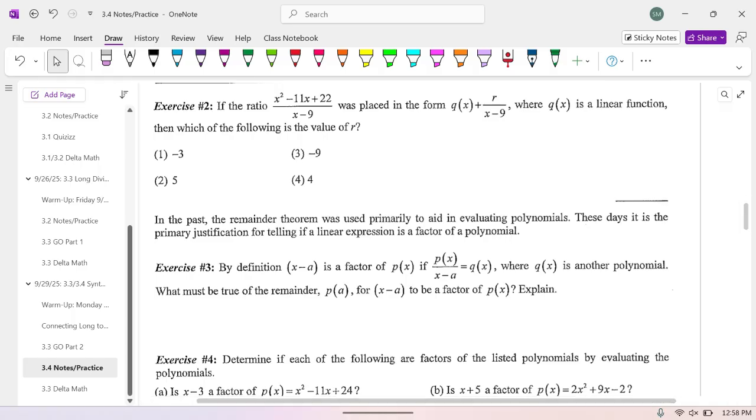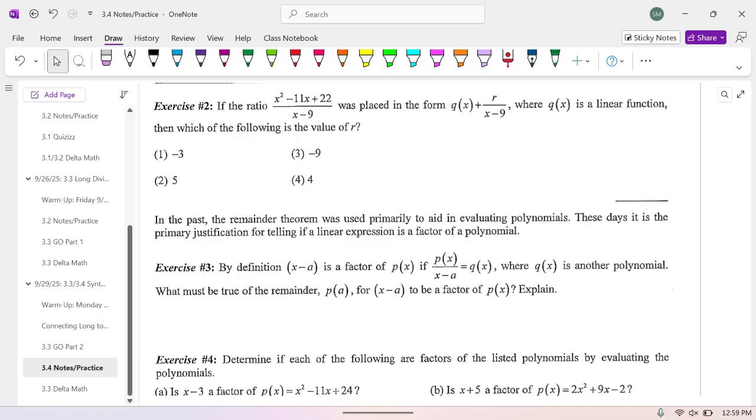A factor. When we were talking about factors, what was always true about a factor? Why was 5 a factor of 25? They divide evenly into 25. The same is true for polynomials. Sometimes what we divide into is not a factor.